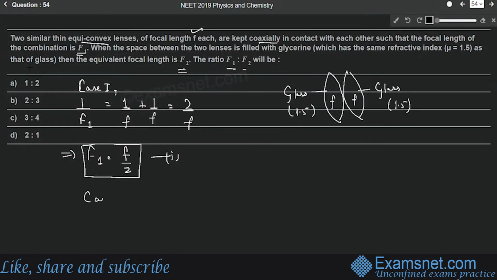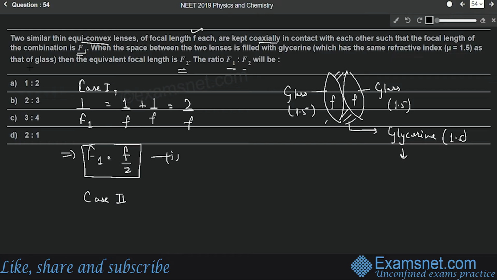Now in the second case, case 2, the space between the lenses is filled with glycerine. Okay, so this is filled with glycerine and it has also the same refractive index, that is 1.5. So what will glycerine do?